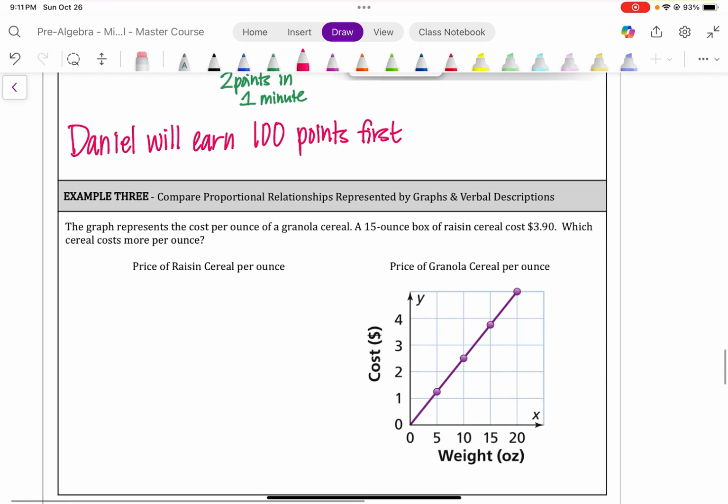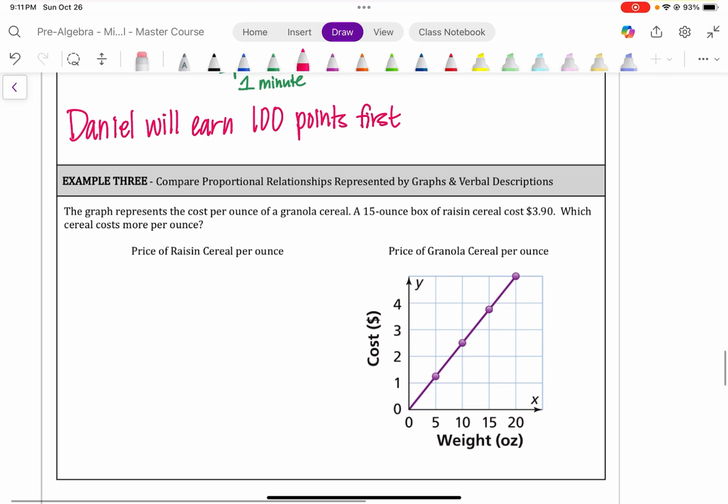All right, now the graph represents the cost per ounce of a granola cereal. A 15-ounce box of raisin cereal costs $3.90. Which costs more per ounce? So the graph has the granola cereal, and then the raisin cereal. We want the price per ounce.